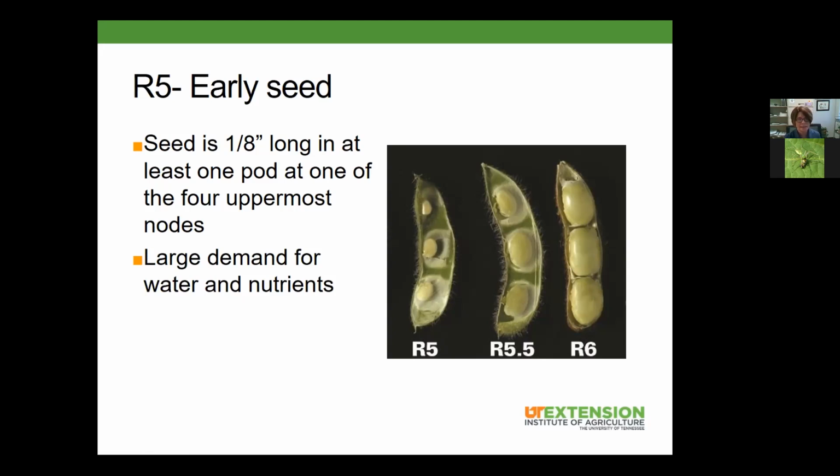When soybeans get into seed fill, they really need water, so irrigation is critical. Adequate nutrition is critical because the plant can determine how many seeds it's going to actually try to put in some of these pods.